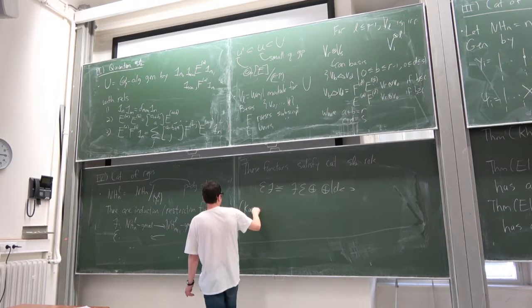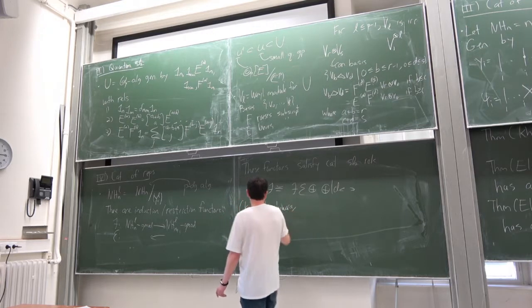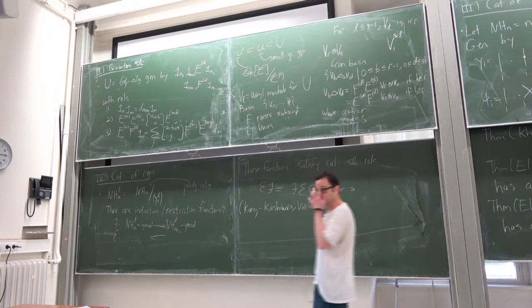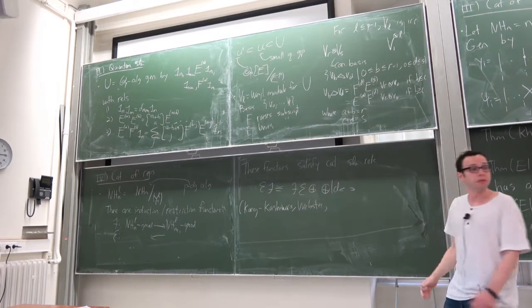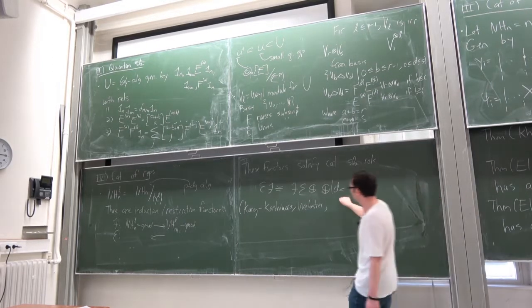So there's a construction, there's a proof by Kang and Kashiwara. There's a proof by Webster. As we saw earlier today, the model example was in work of Chuang-Rouquier.